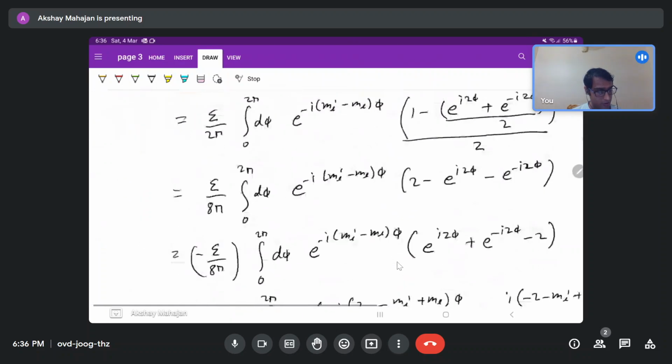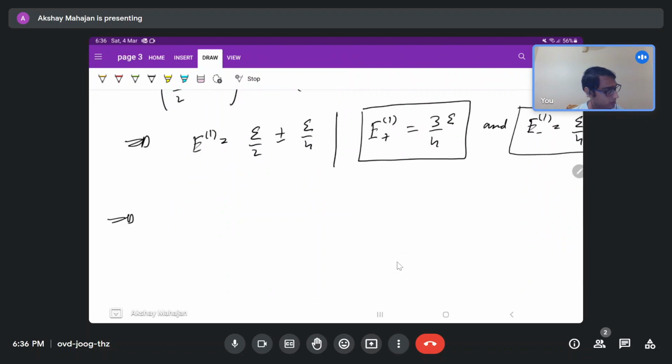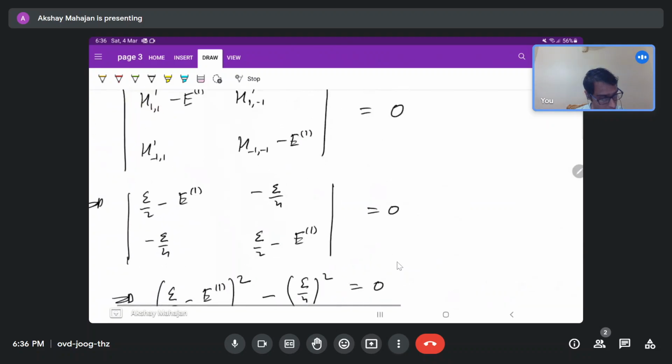And now what will be this combination? We just need to find the coefficients. So from here again let me write this equation.